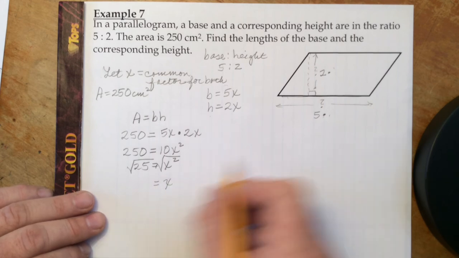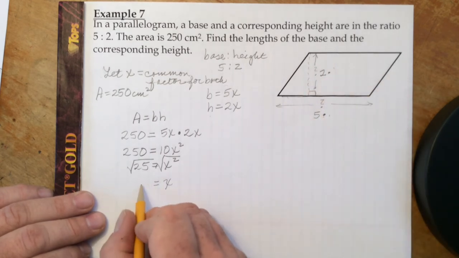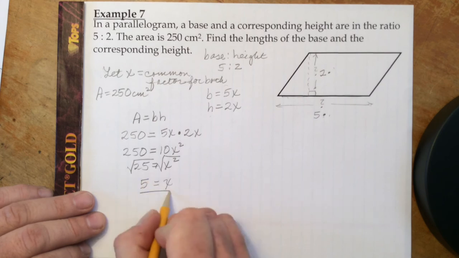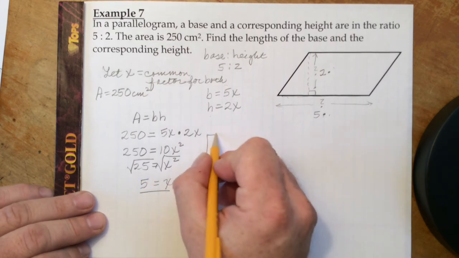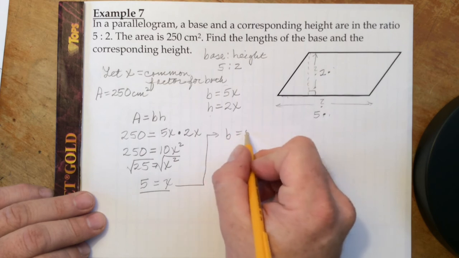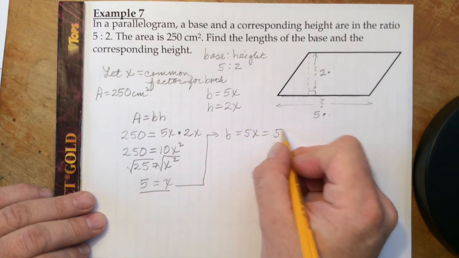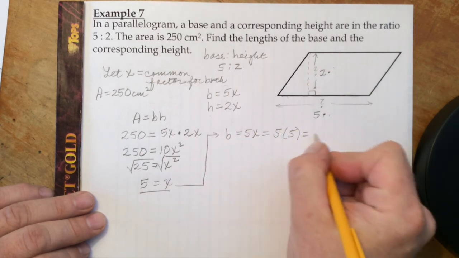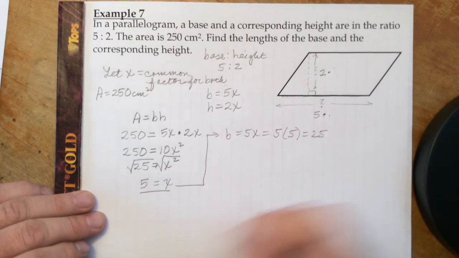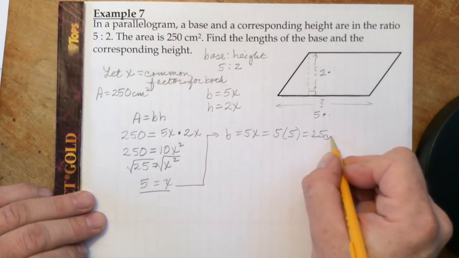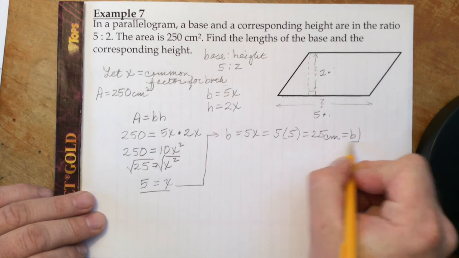Of course, negative 5 won't work because it'll give us negative values for lengths, so just 5. We use that 5 now to find the base, which was 5x. 5 times 5, x is 5, is 25. So 25 centimeters is our base.